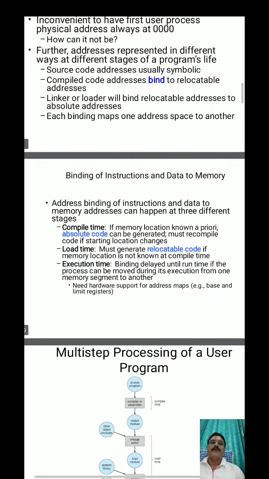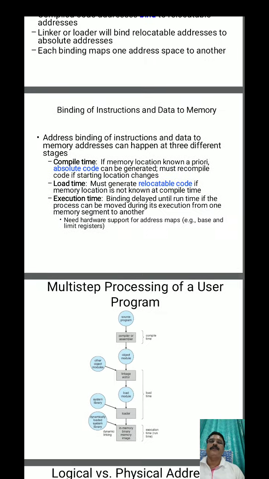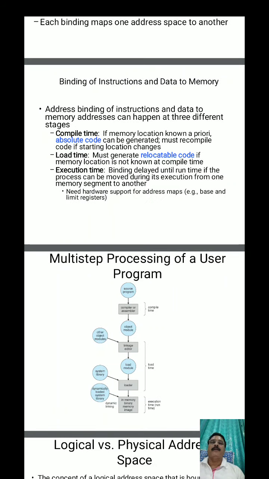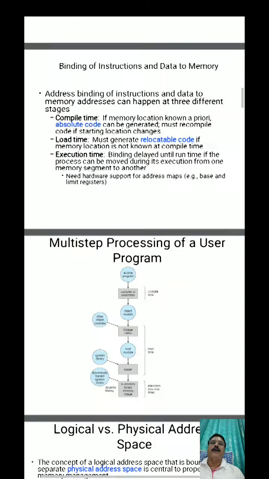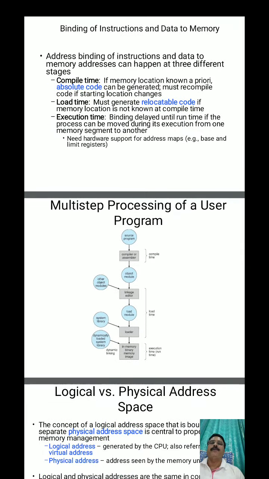Address binding of instructions and data to memory addresses can happen at 3 different stages. Number 1, compile time: if the memory location is known beforehand, then absolute code can be generated, and we must recompile the code if the starting location changes.